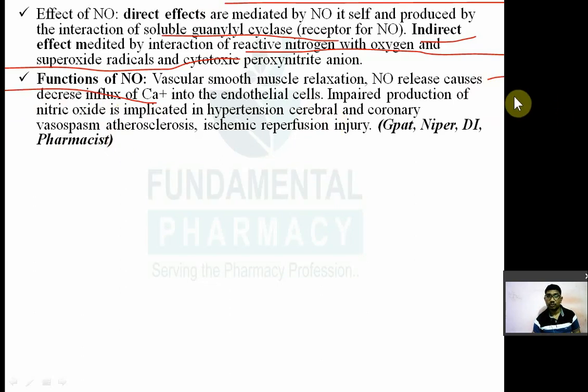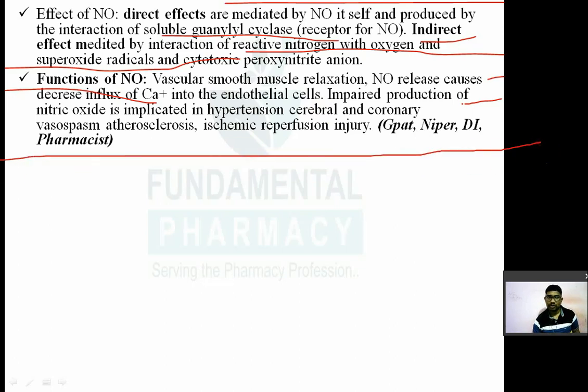Impaired production of this nitric oxide is implicated in the hypertension, cerebral and coronary vasospasm. मतलब क्या है कि improper or inadequate production of this nitric oxide in the blood vessel is responsible for the hypertension, cerebral and coronary vasospasm, then arteriosclerosis, then ischemic reperfusion injury. So inadequate production of this nitric oxide is responsible for these things.